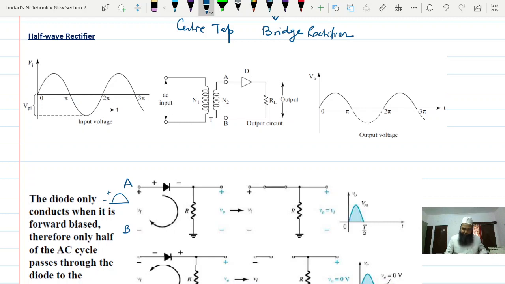Then the applied voltage will go through the load resistance RL, and during the positive half cycle, the half of peak will appear across the load. This is during the positive half cycle.